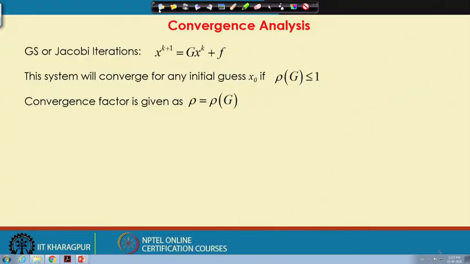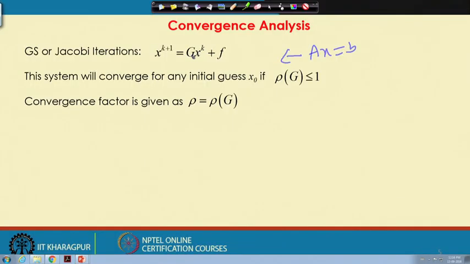So, we focus our discussion only on Jacobi solvers, where these concepts can at least be reviewed with certain rigor. In a Jacobi iteration solver, the typical iteration step is given as x at the k plus 1th step is equal to G x k plus f, where this basically comes from solving A x equal to b, but G is formed using some splitting of A. We have discussed it several times while discussing these methods, from basic iterative solvers to preconditioners.